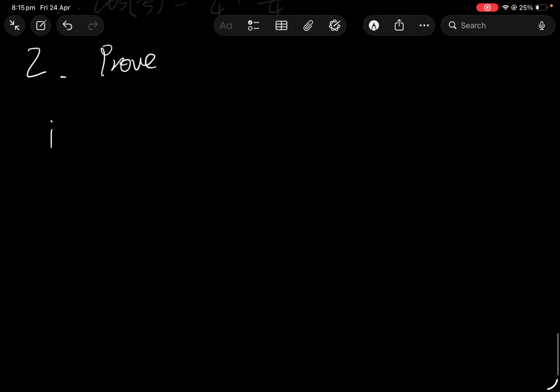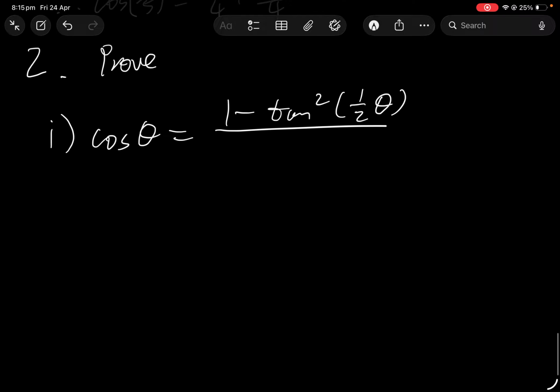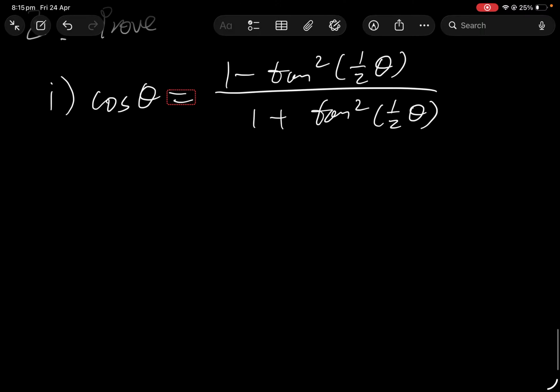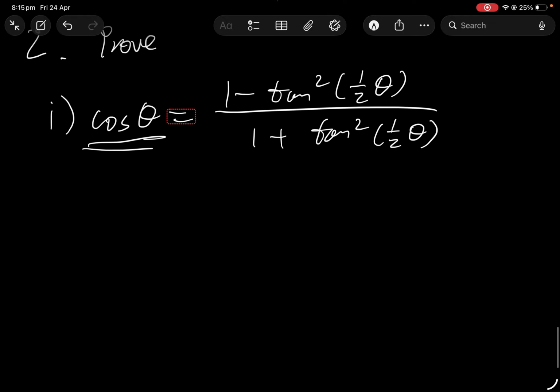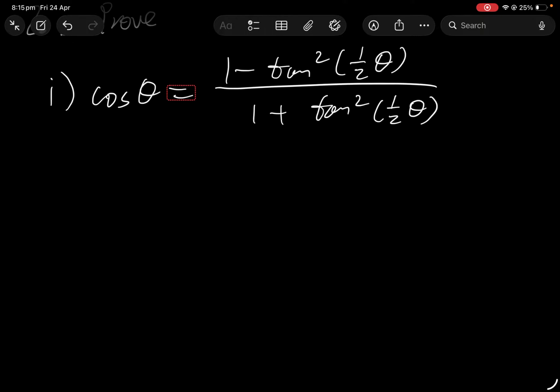The very first part says cos theta equals 1 take tan squared half theta over 1 plus tan squared half theta. First, we can't really do anything with the cos theta because we have no idea what to do with it, because we can change it to basically anything.